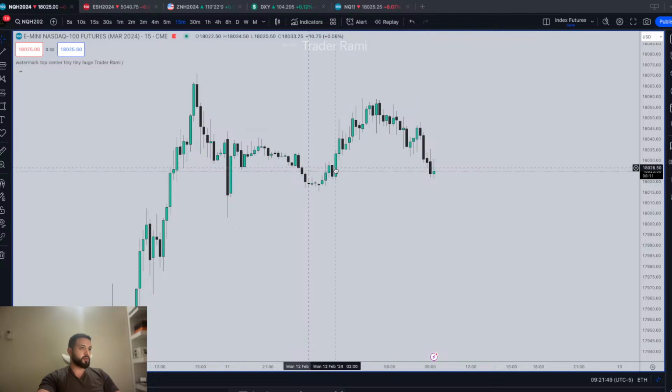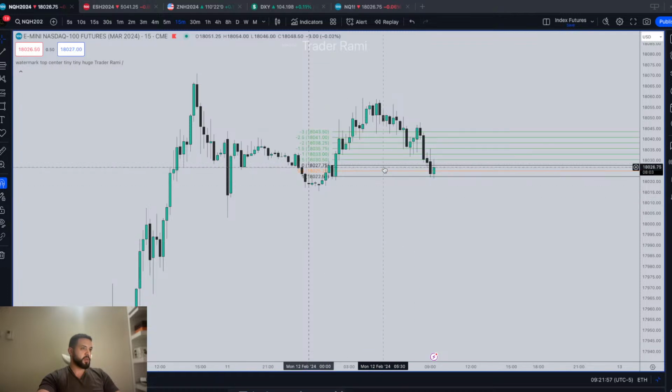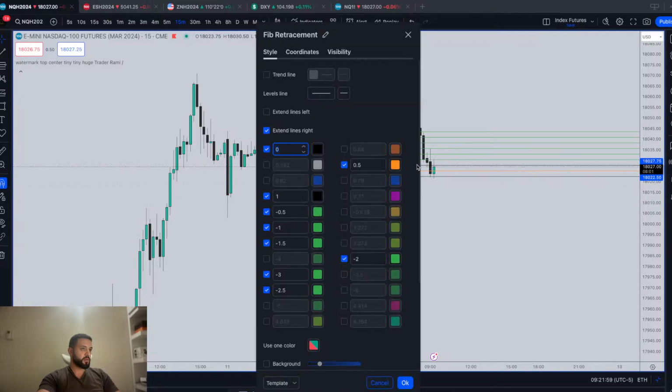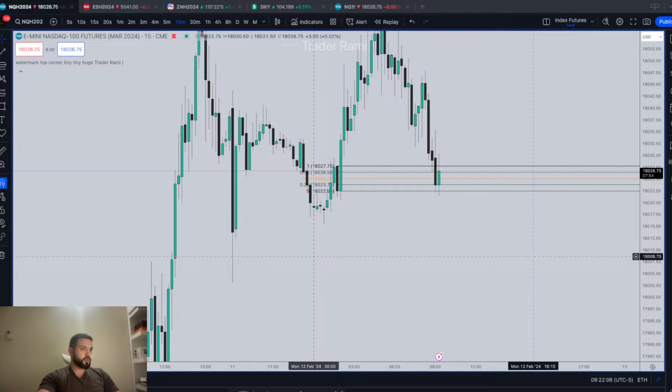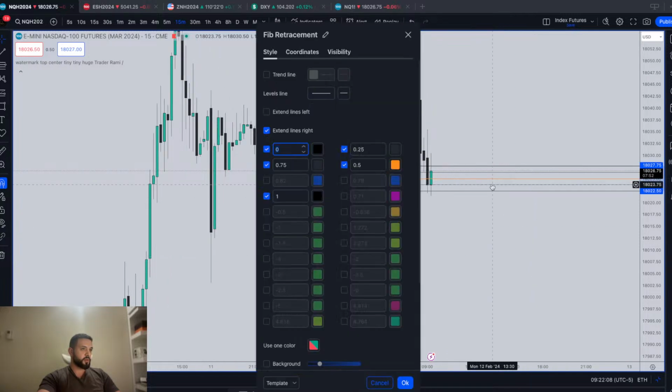Price coming down. It's breached the mean threshold of this. So I've seen that immediately, as you can see. Let me get rid of this, I don't want to confuse anyone. Midpoint measurement. Okay. Just maximize this.